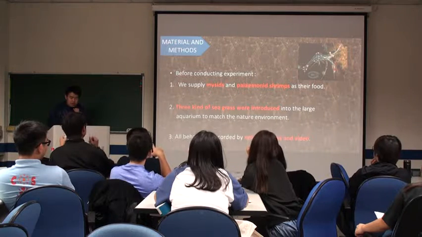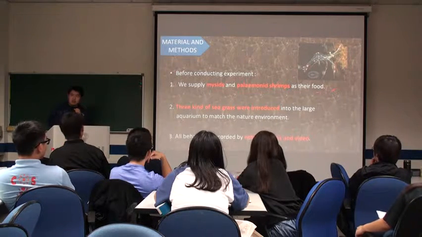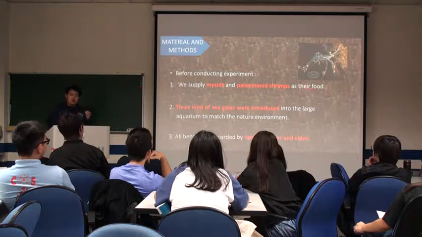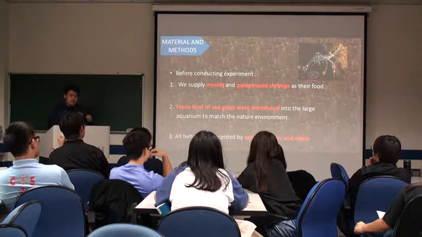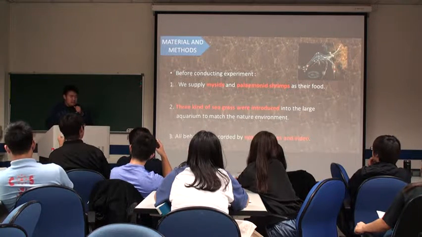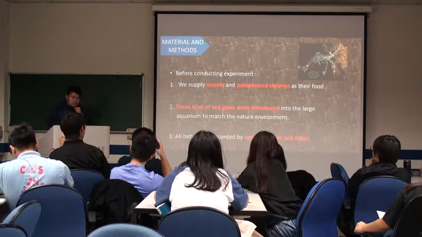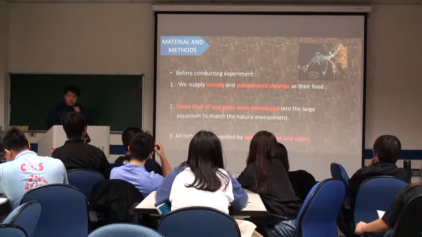Second, 3 kinds of seagrass were introduced into large aquariums, in order to match the natural environment and let them lay eggs in the seagrass beds. Third, all behavior is recorded by notes, sketches, and video.